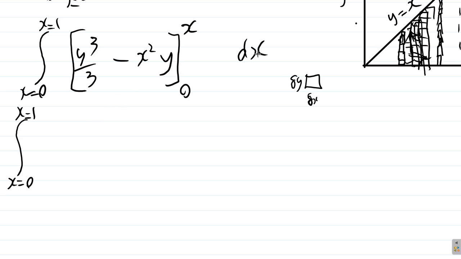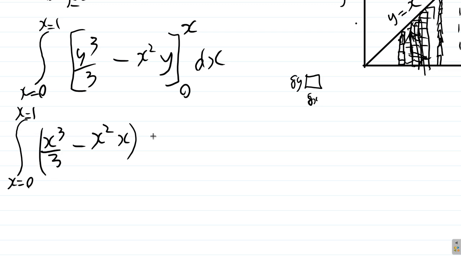So let's rewrite this integration dx. You're going to substitute the upper boundary x and the lower boundary 0. When you substitute x, y becomes x, so this is x cubed over 3 minus x squared times x.